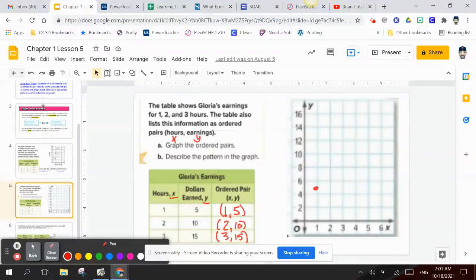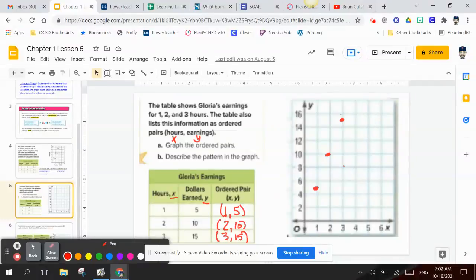So I start at 0, I go 2 to the right because it's positive, and up 10. 2, 4, 6, 8, 10. And the last one is 3, 15. I start at 0, I go over 3 to the right and up to 15. 2, 4, 6, 8, 10, 12, 14, and 15 is right in the middle.